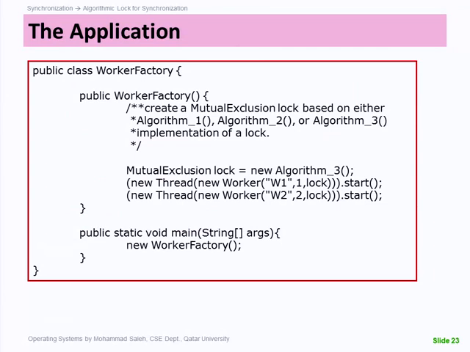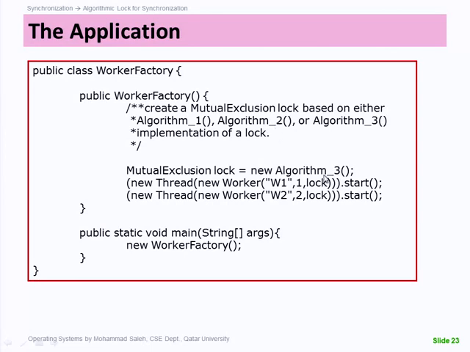And in the main class, what do you do? Basically, you create an object of the lock and then pass it to two workers who are sharing this lock while executing the critical section. So here we are creating one algorithm. It could be algorithm 1, 2, or 3.